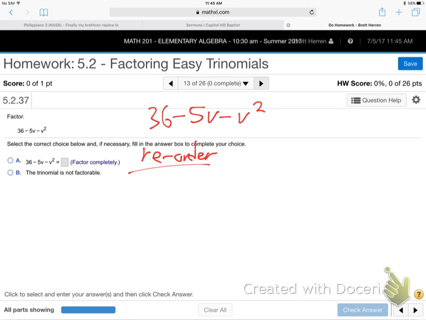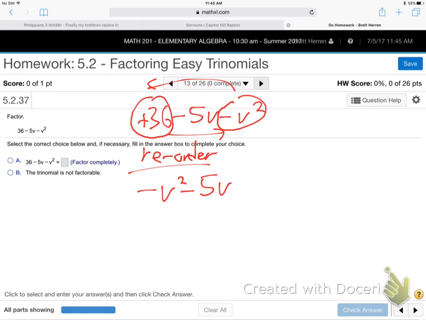Do you know what I mean by that? Whatever sign is in front of somebody, that's their sign. That's their baby. You take your baby with you. What's in front of that 36? Nothing but a plus sign. So flip those two. So minus v squared minus 5v plus 36. Everybody good to there?